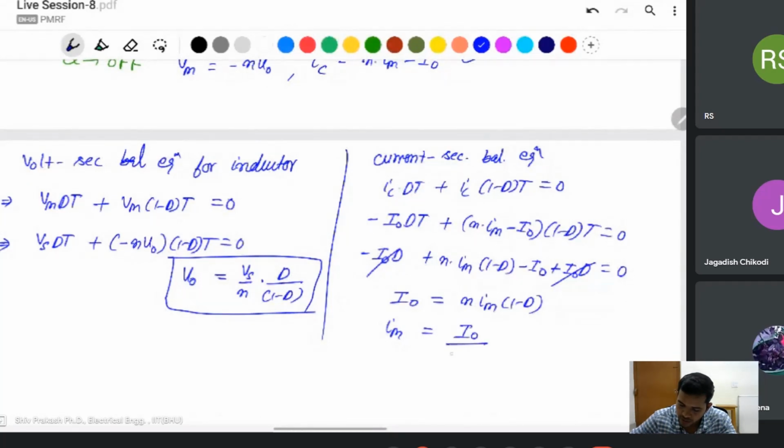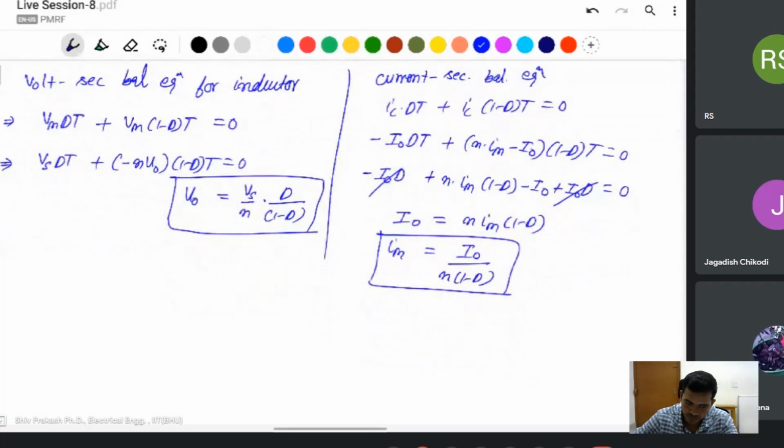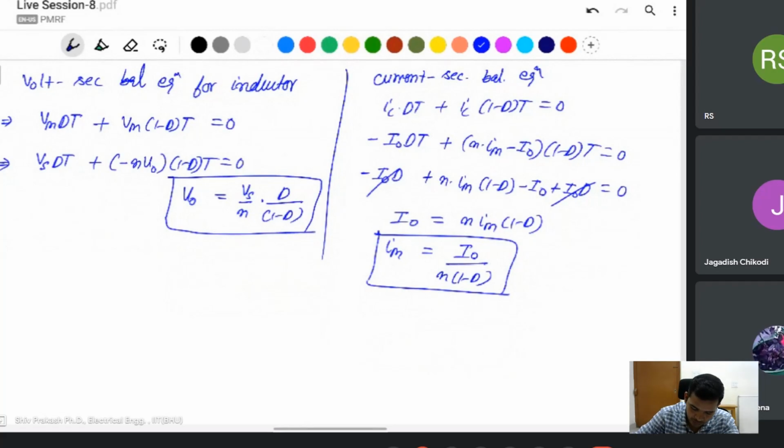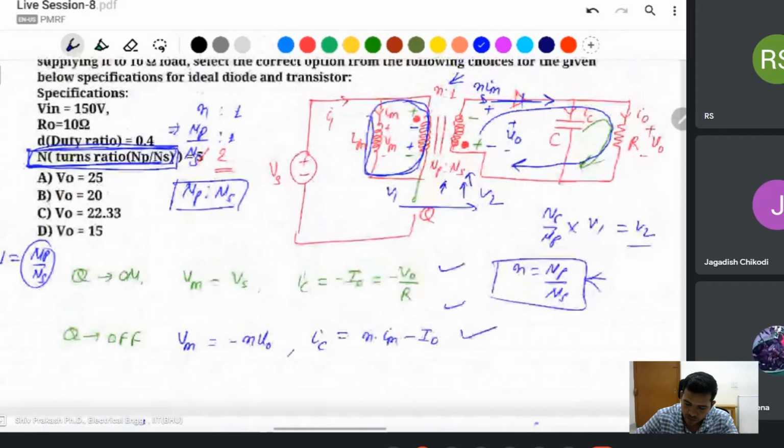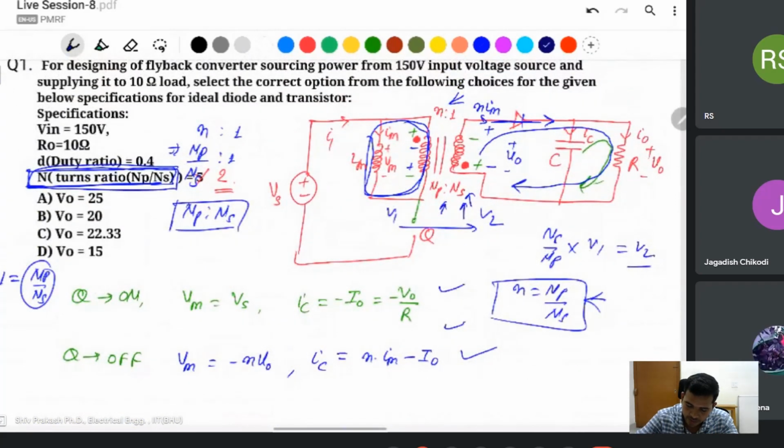Now we can find the magnetizing current with respect to the output current: Im is I naught divided by n into 1 minus d. If you want to find the ion current, ion current flows only when the switch is on.